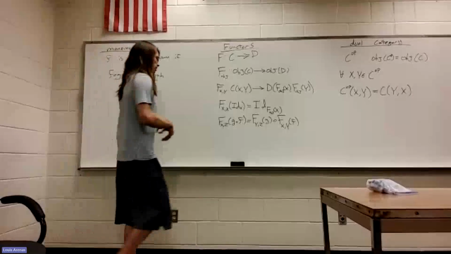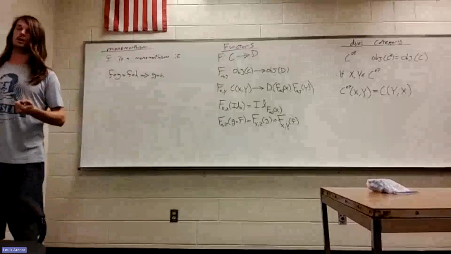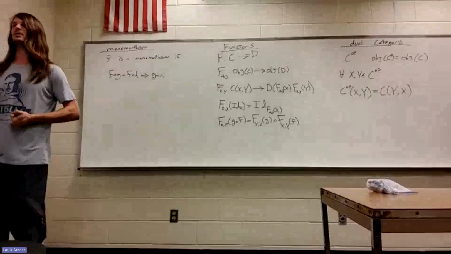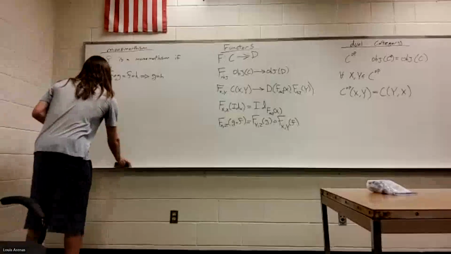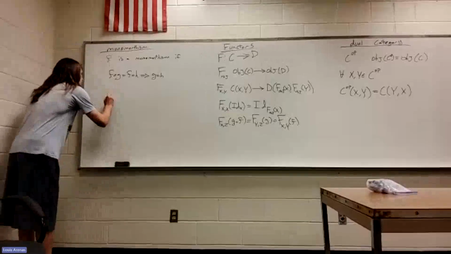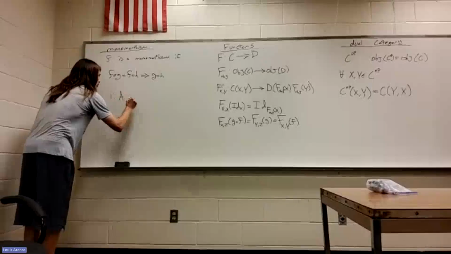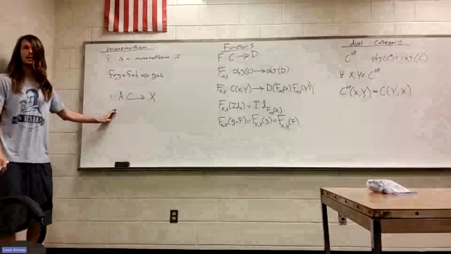What I wanted to mention here, the reason why I wanted to bring up monomorphisms, is that another way you can think of a monomorphism is that it is a subobject of whatever object it's mapping into. So in the case of sets, for any subset A of a set X, I will have the associated inclusion.